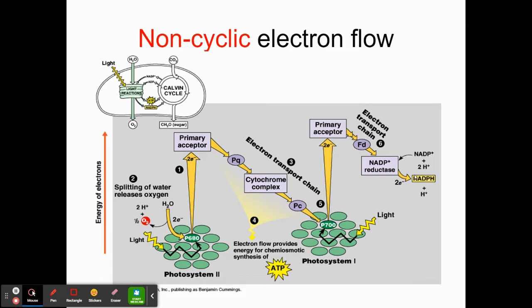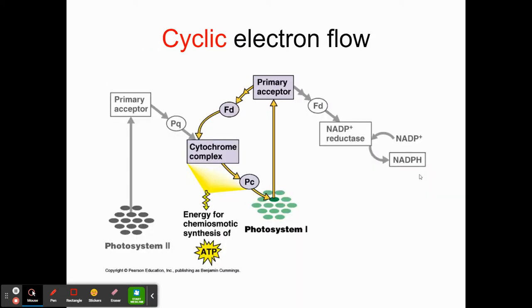This is an electron carrier, or electron transport molecule, that is carrying high energy electrons that are going to be used to reduce carbon dioxide in the next stage. Remember, OIL RIG: oxidation is loss and reduction is gain.